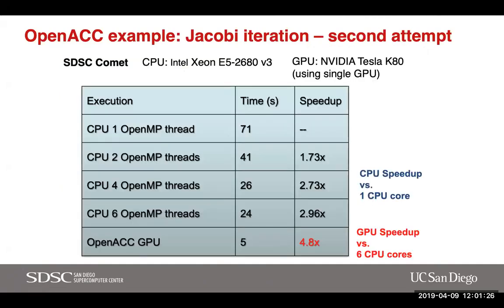And if we do that, now you see that we get the time down to 5 seconds. So that's significantly faster. That's a speedup of 4.8 versus the 6 OpenMP threads. So that's actually pretty reasonable. And I would say, given the little work that was involved, it is a very, very nice result.